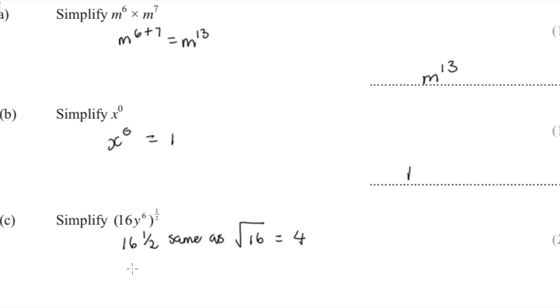Then the next one, y to the power of 6 times half, which is equal to y to the power of 3. So our answer will be 4y to the power of 3.